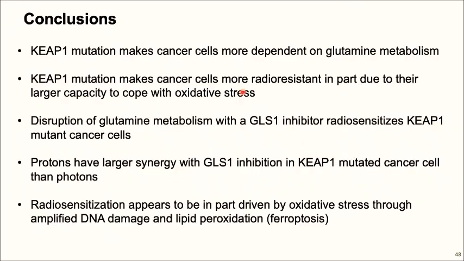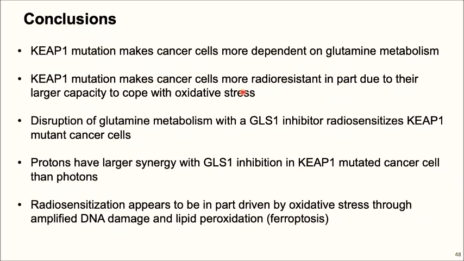So the take-home message is that KEAP1 mutation makes cancer cells more dependent on glutamine metabolism. KEAP1 mutation makes cancer cells more radio-resistant, and this is in part due to their larger capacity to cope with oxidative stress.